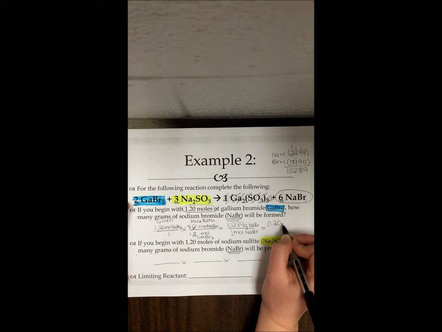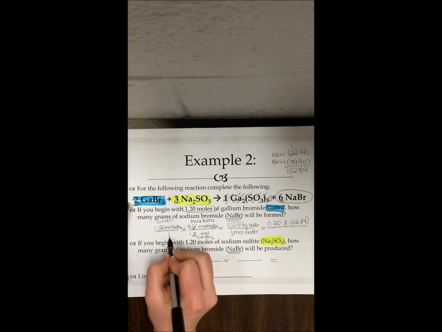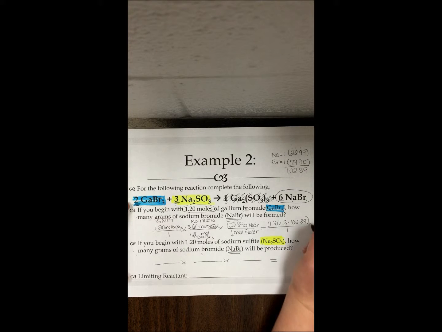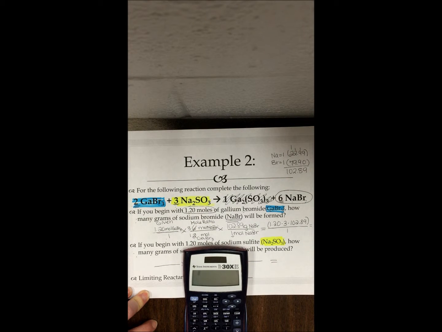have 1.20 times 3 times 102.89 on the top. What's great about the bottom is that they've all been simplified to 1. So we're basically just dividing it by 1. Okay, so let's plug it in our calculator together. So we're going to have parentheses 1.20 times 3 times 102.89.